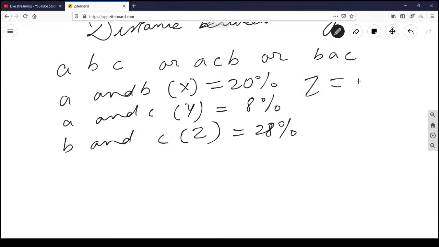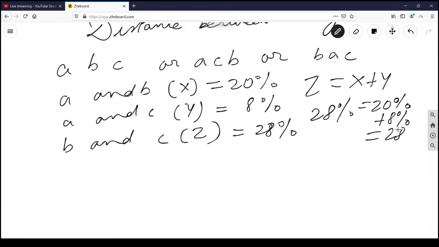Here, Z is 28%, X is 20%, Y is 8%. So Z is equal to X plus Y. This is a shortcut method that I am telling. This means that genes B and C are present at the extremes, and A is in the middle, always.